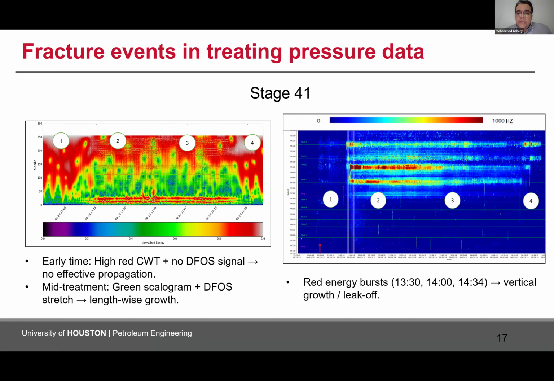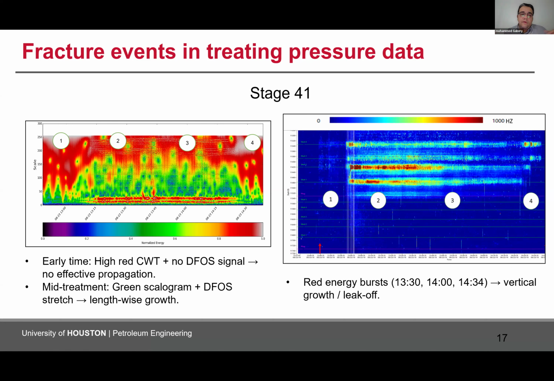Based on this comparison, we can notice that at the start of the job, on the scale between 0 and 1000, we cannot see a significant strain rate or acoustic signal on the fiber optics. That's related to the dominance of the high energy on the normalized CWT scalogram.